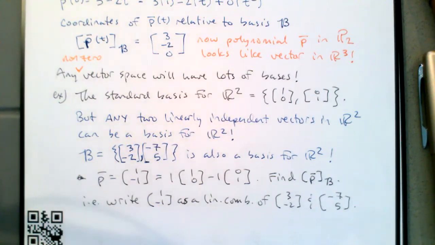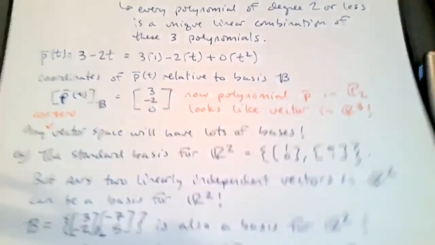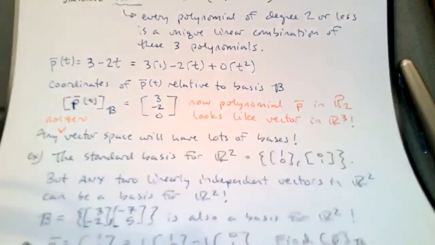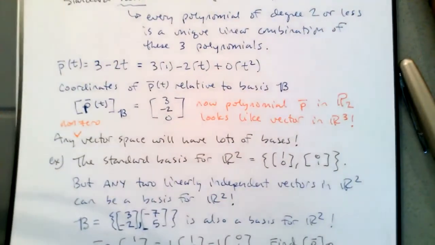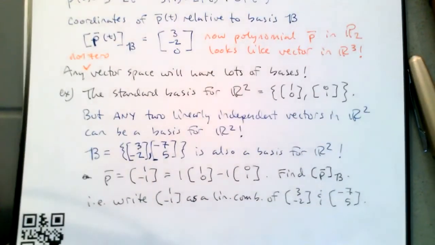So I want to write x1. I need to turn the page. There we go. So I need to solve the equation x1 times (3, -2) plus x2 times (-7, 5) equals (1, -1).